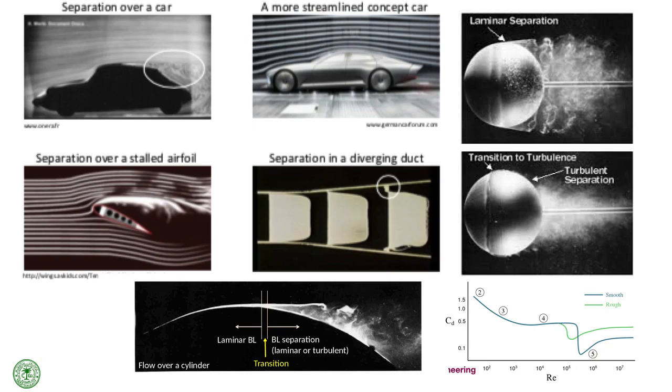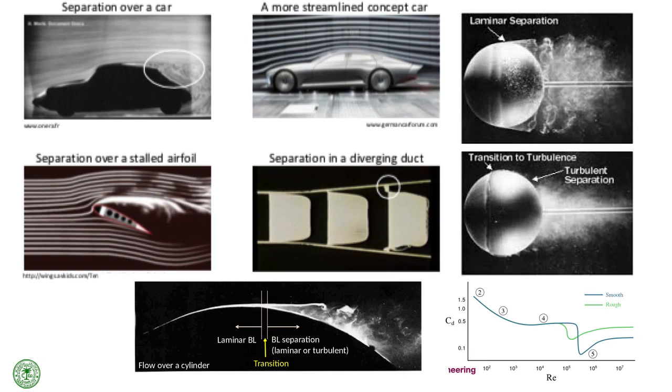Before that it is a laminar boundary layer, and after that the boundary layer is separated. There may be a transition in this zone of transition. The boundary layer could be laminar or turbulent. It is not a characteristic of the boundary layer, but a characteristic of the flow Reynolds number. What is the Reynolds number in that process?